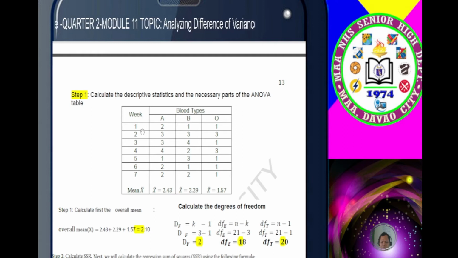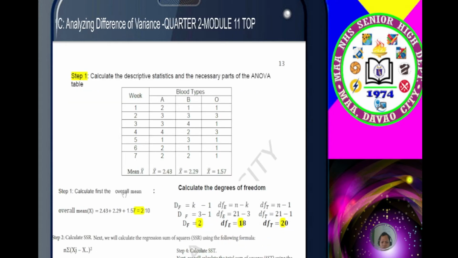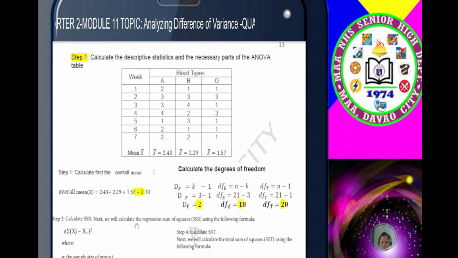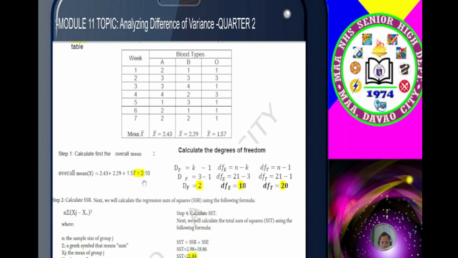The mean for blood type A is 2.43, blood type B is 2.29, and blood type O is 1.57. So to get the overall mean, add all these values: 2.43 plus 2.29 plus 1.57, divided by 3, is equal to 2.10.